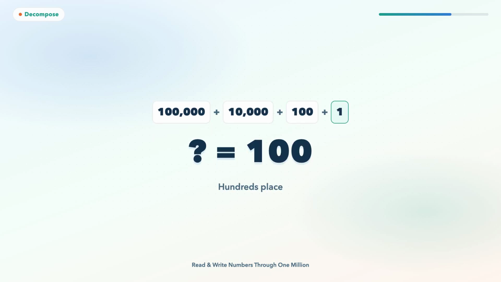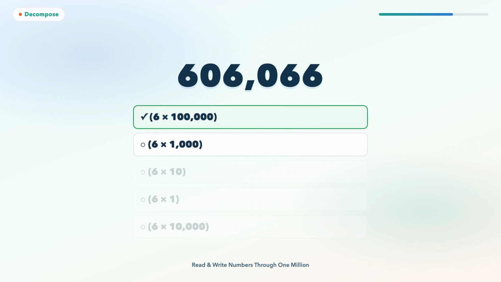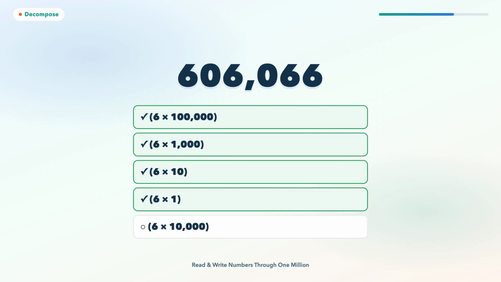The missing value is 100, and that's the hundreds digit. Select every expression that builds 606,066. We need 6 times 100,000, 6 times 1,000, 6 times 10, and 6 times 1. We do not need 6 times 10,000. That place is 0, so that expression is out.